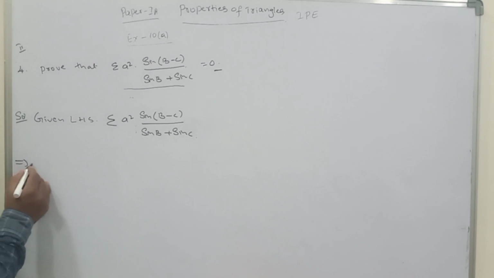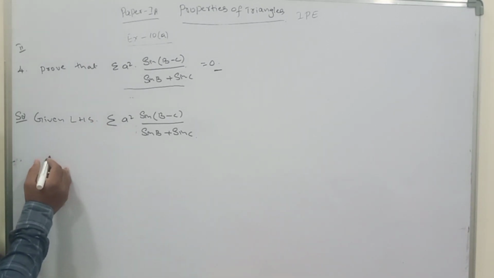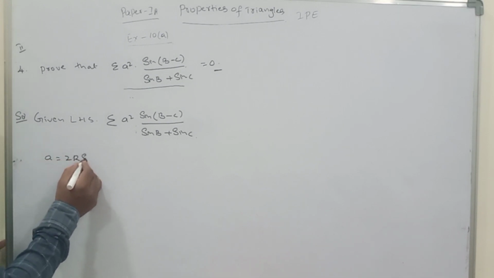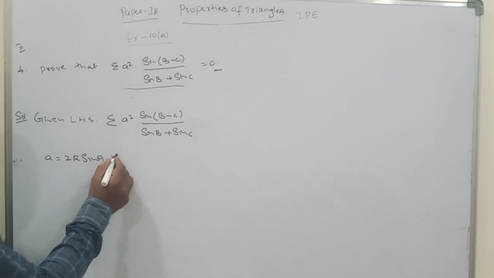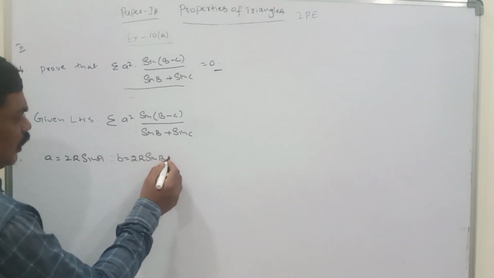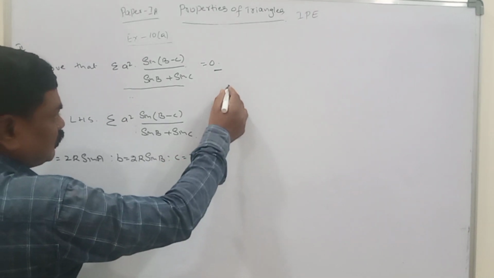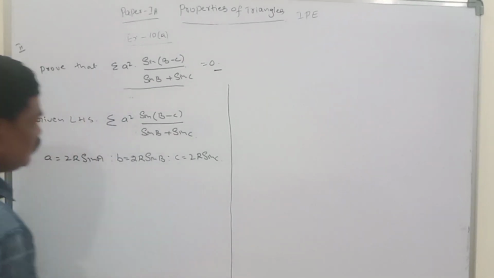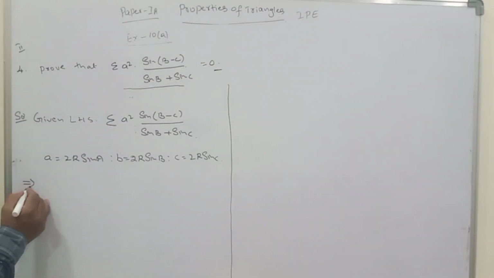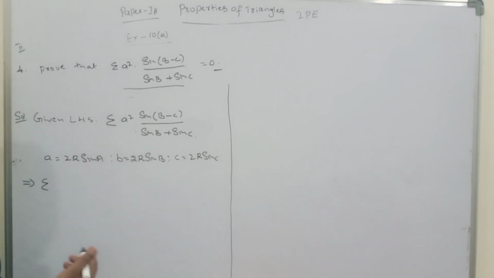Then it can be written as, here we know the sine rule. The sine rule: a is equal to 2r sin a, b is equal to 2r sin b, and c is equal to 2r sin c. So you can write sigma a square, what is a square?